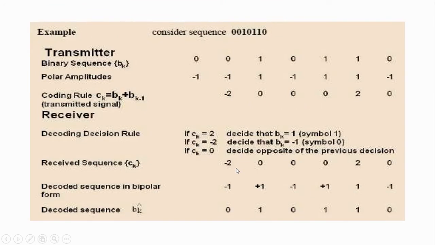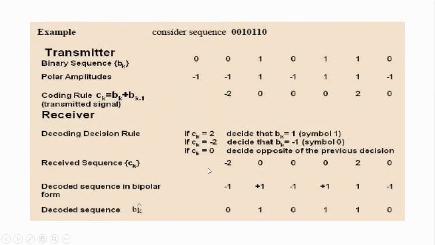How is the decision made? If -2, it is -1. If 0, it is the opposite of the previous value. If 2, it is binary value 1. If 0, it is the opposite of the previous value. Here the previous is 1, therefore it is -1.